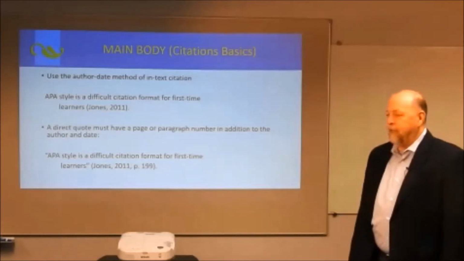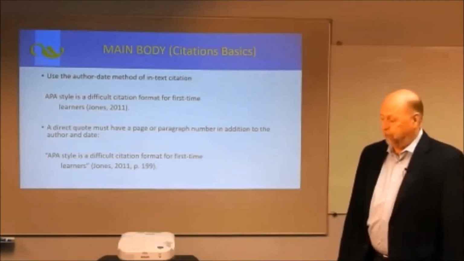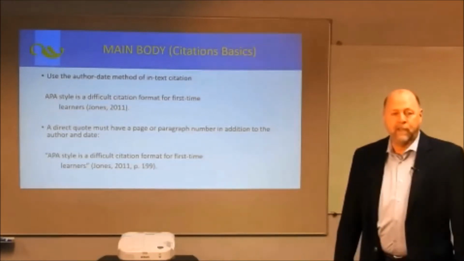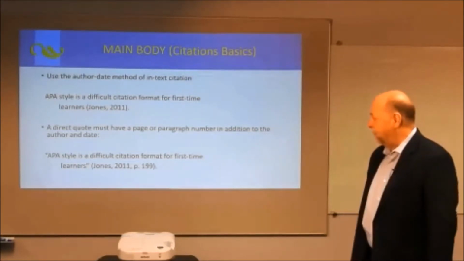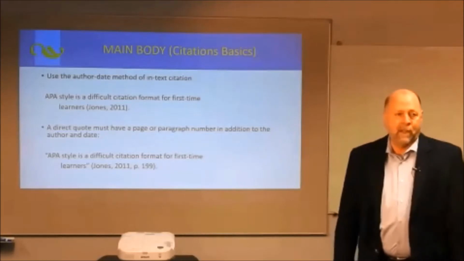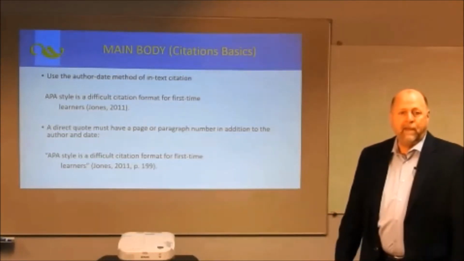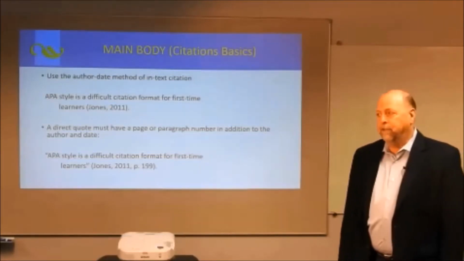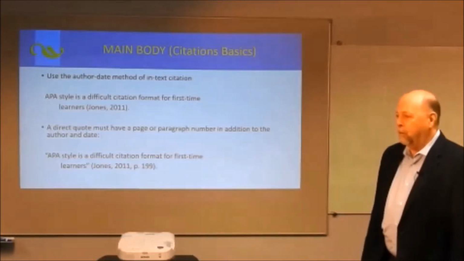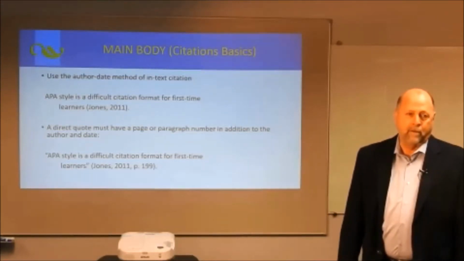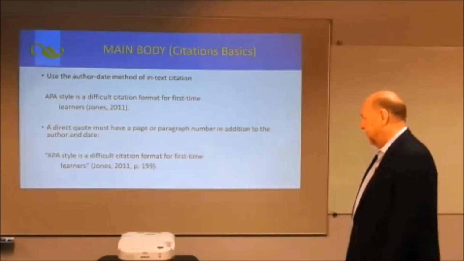But let's say that that's a direct quote that Jones used, where he states, "APA style is a difficult citation format for first-time learners." I've got to add something to Jones's name and the year of publication, and that is a page number. I have students often that will say, well, there are no page numbers. Then you're going to have to get your calculator out and count the paragraphs that are used.